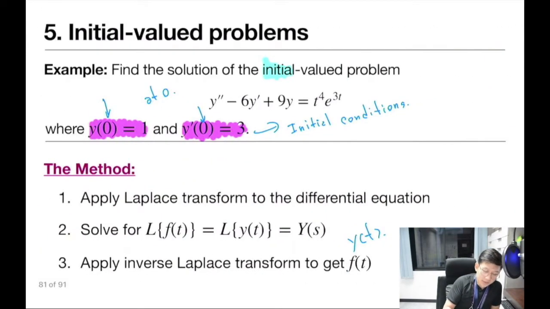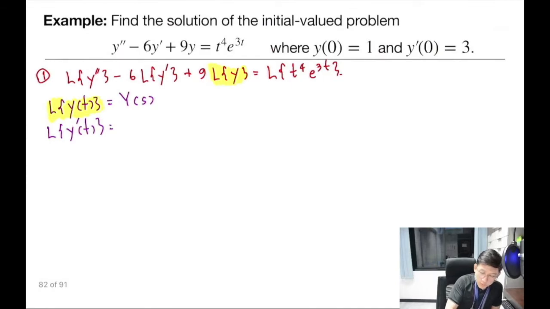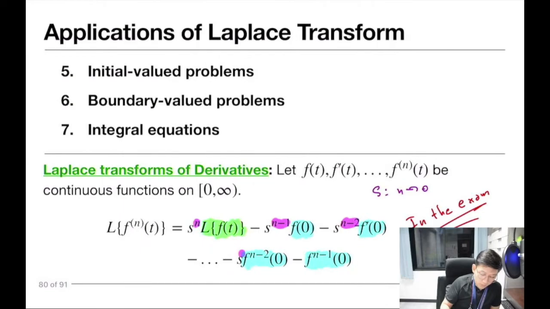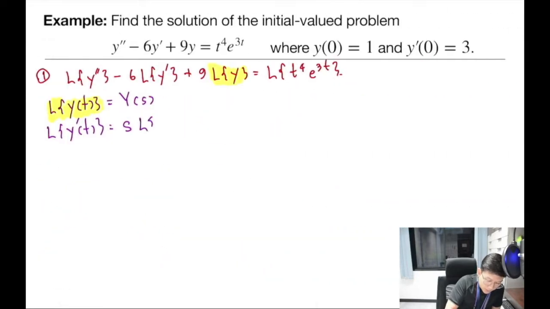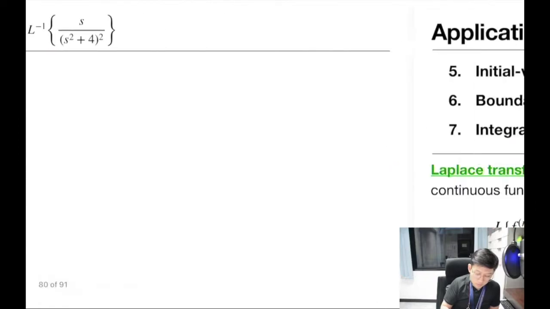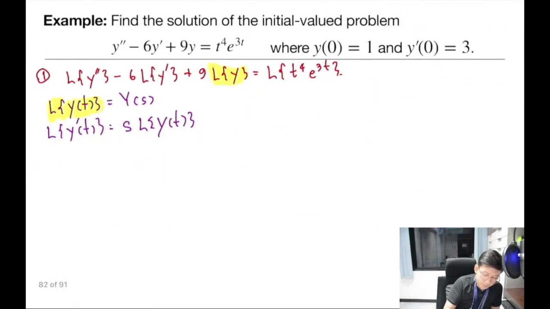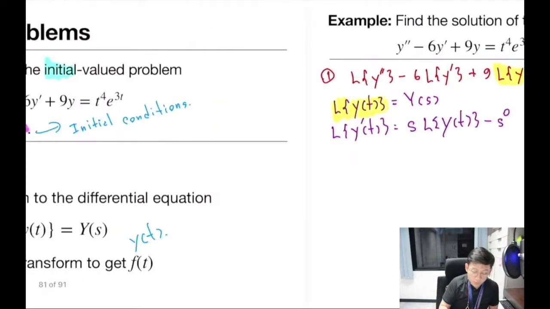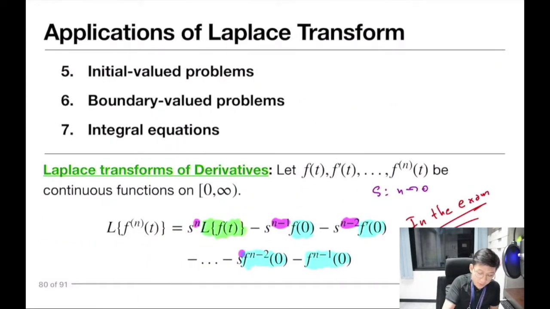Which means that here is going to be s times the Laplace transform of y(t), and then minus s to the 0. It begins with s to the 1, right?